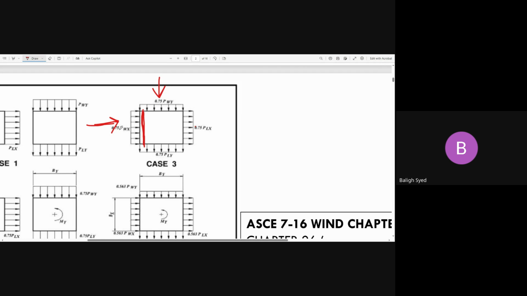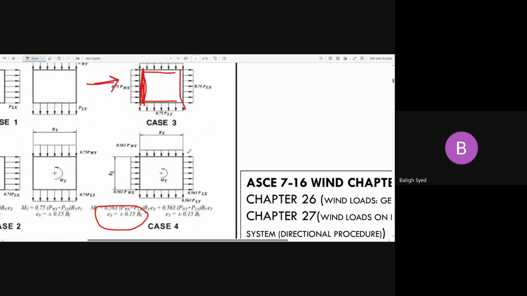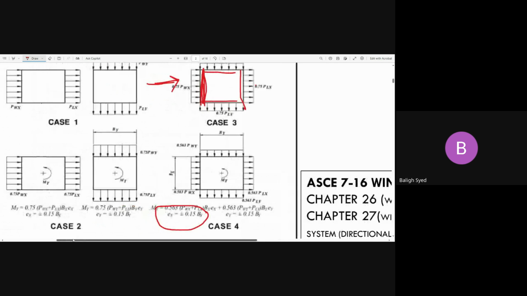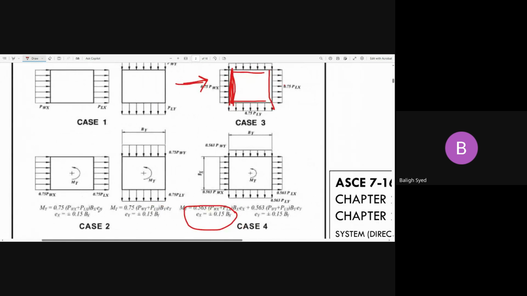You take 0.75 windward leeward combined, then 0.75 windward leeward combined, then you will design this shear wall, then this shear wall, or this shear wall. Make sense what I'm saying? And you can see it right here, how the cases work: you take 0.75 of the pressure from one direction and the pressure from the other direction, and we're going to discuss this in just a bit.